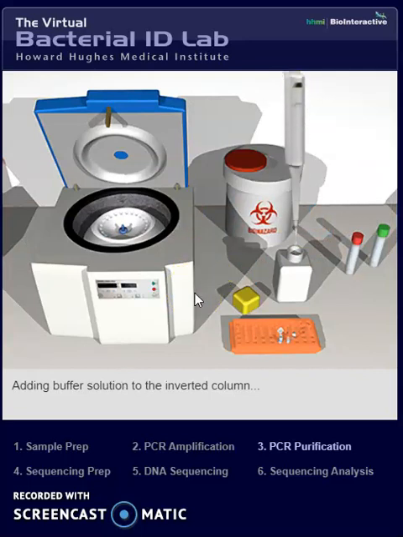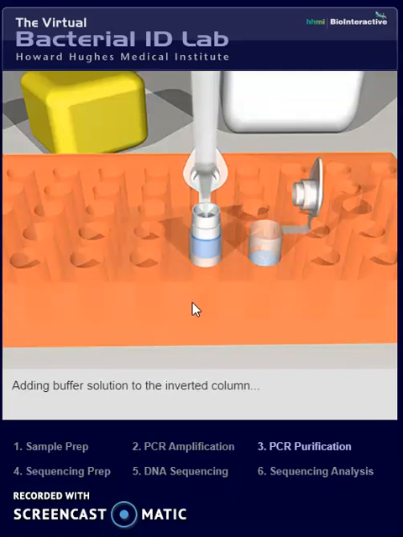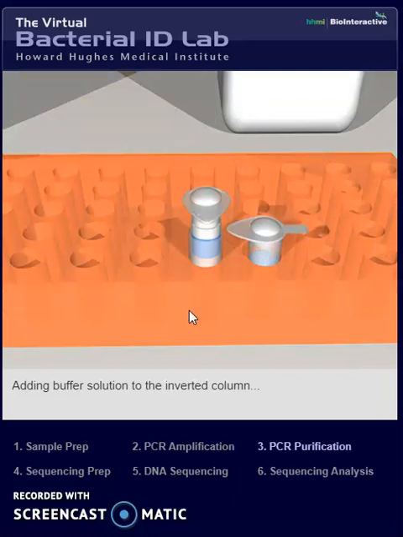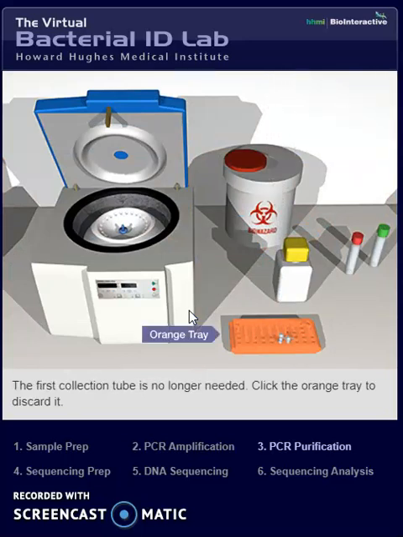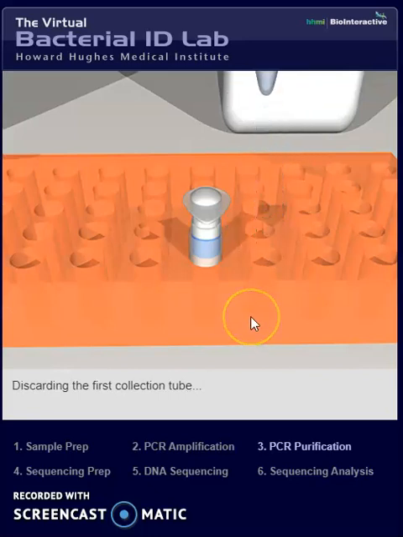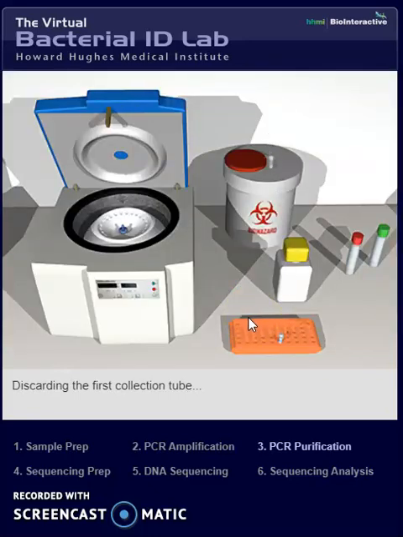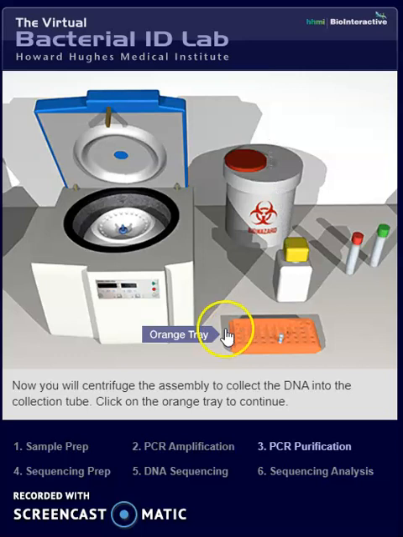Adding buffer solution to the inverted column and discharge the tip. The first collection tube is no longer needed, so we should discard the first collection tube.